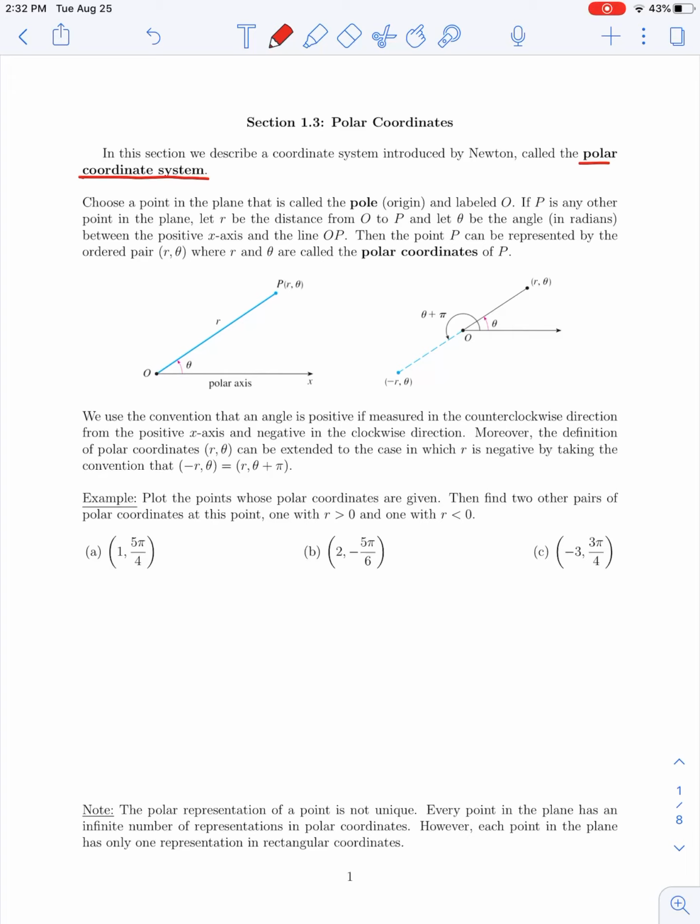So let's start by introducing some terminology and see how exactly points in the plane will be defined. We start by choosing a point in the plane, which will be referred to as the pole, or we could think of this as the origin, and labeled as capital O for origin. So let's keep track of what we're doing in our figure below here. I'm going to start by choosing some central point, which I'll refer to as the origin or the pole.